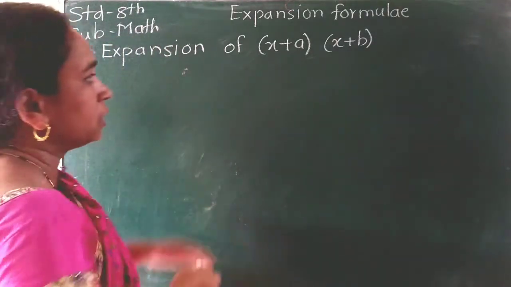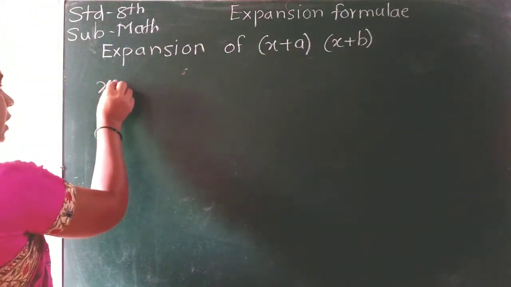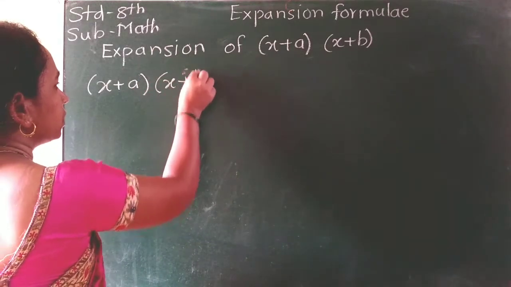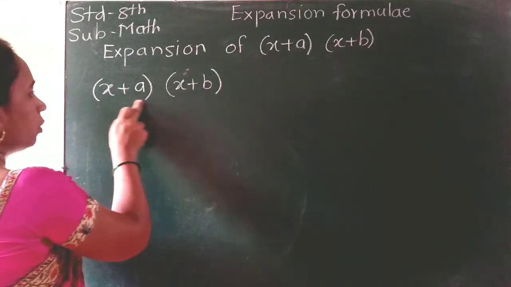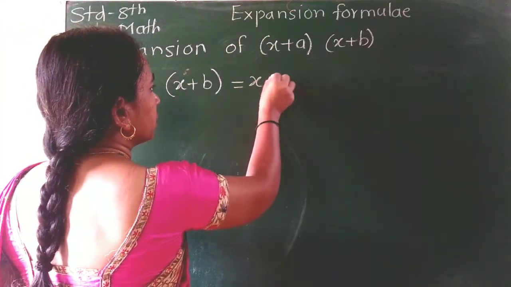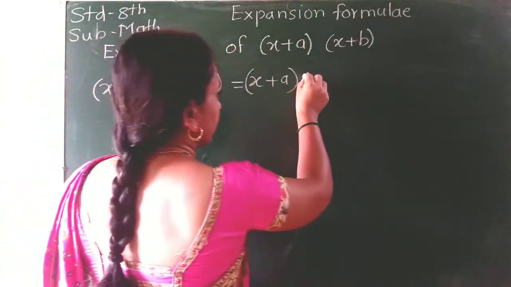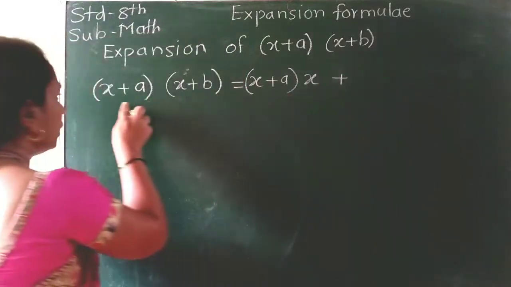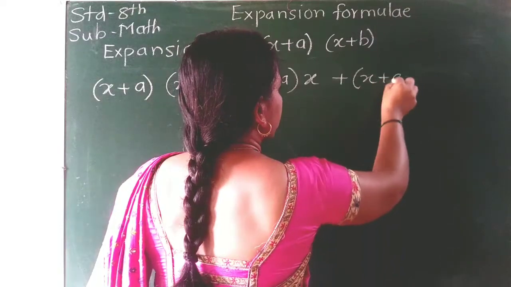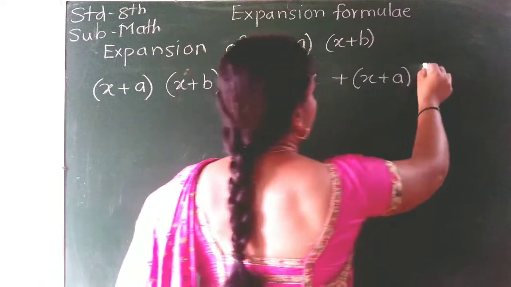But what is the formula that we will see? First we'll see the explanation of (x + a) into (x + b). First, the whole bracket x + a will be multiplied by x, the first term. Again I am going to multiply the same bracket, the first binomial x + a, by the second term b.